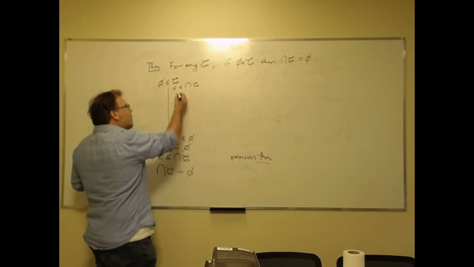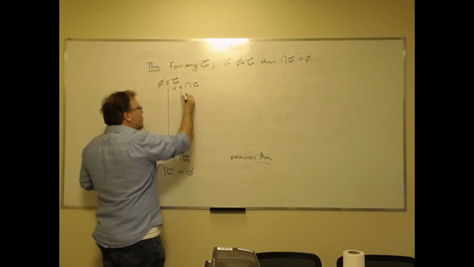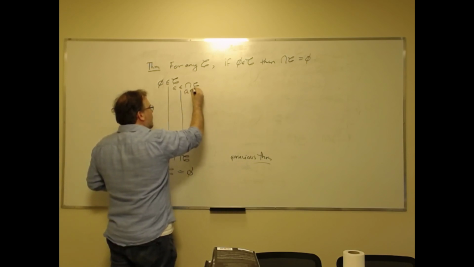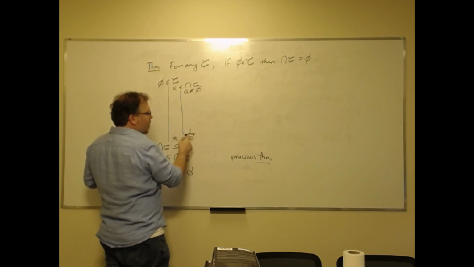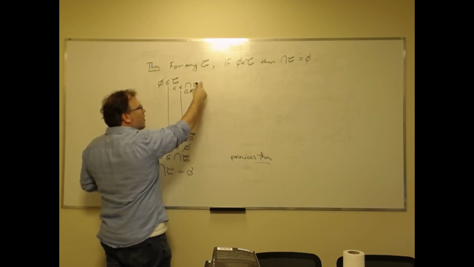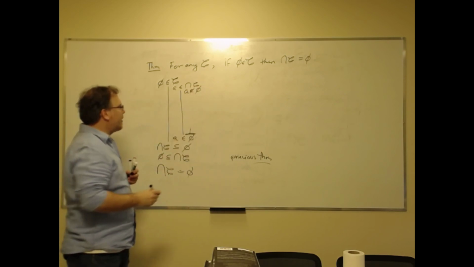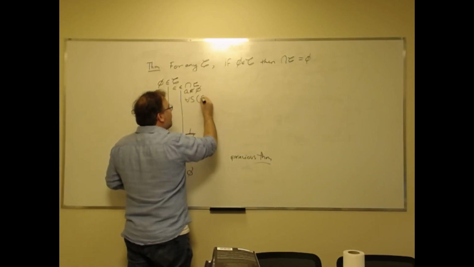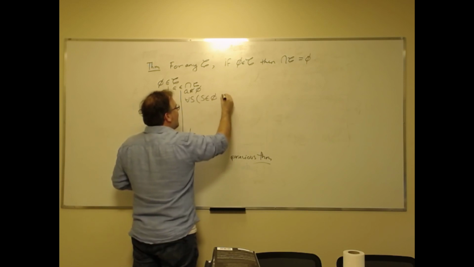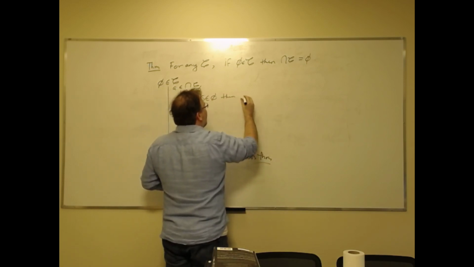So what we're going to do is we're going to suppose that A is not in the empty set, and we should be able to get a contradiction because, as I suggested, this should already contain a contradiction. Now, by the membership conditions, that tells us for all S, if S is in the empty set, then what?